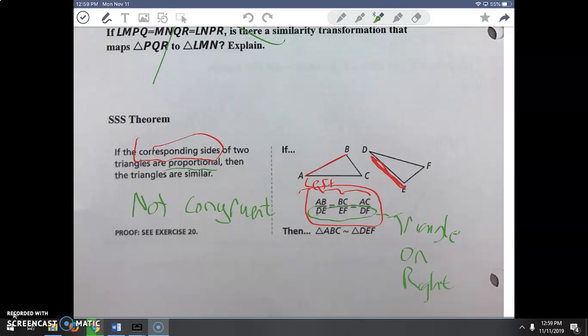When we set up proportions, they have to be almost identical to what we're doing: left triangle over right triangle, left triangle over right triangle, left triangle over right triangle. They're all set up the same, so be sure to do that when we write proportions.